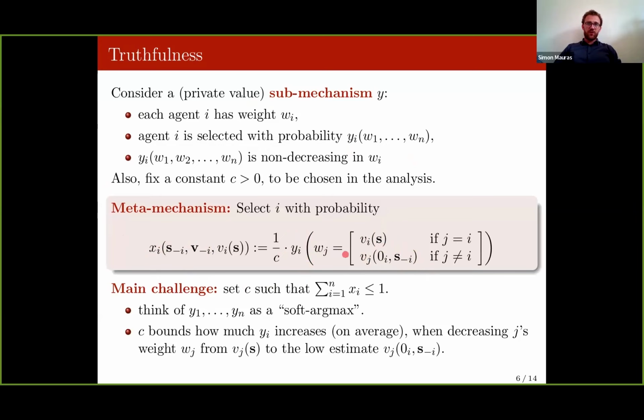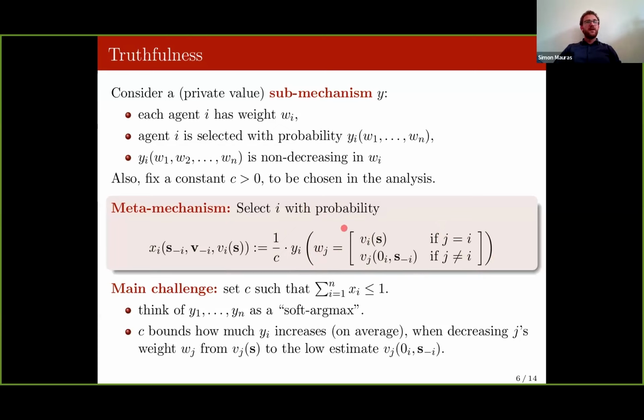So this is very important. These quantities only depend on S minus i and V minus i. And this by monotonicity is going to be a monotone function of vi of S. So this meta mechanism satisfies the sufficient condition that we set on the previous slide.